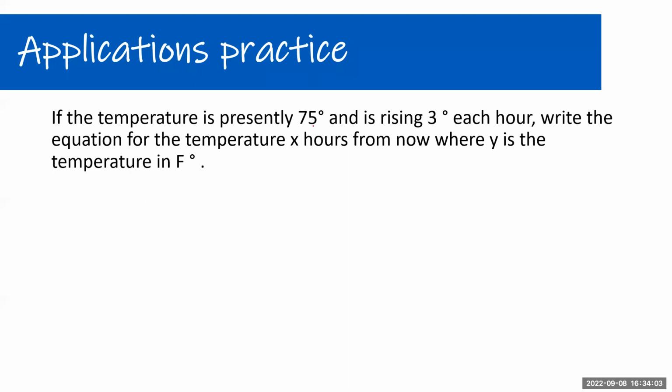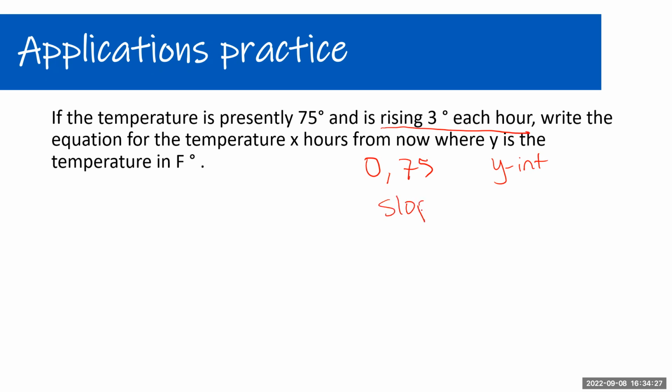We know that it's currently 75 degrees and it's going up 3 degrees each hour, okay? So we know that right now, hours from now at 0, it's 75, okay? Notice that this is our y-intercept. And we know that it's rising 3 degrees each hour.